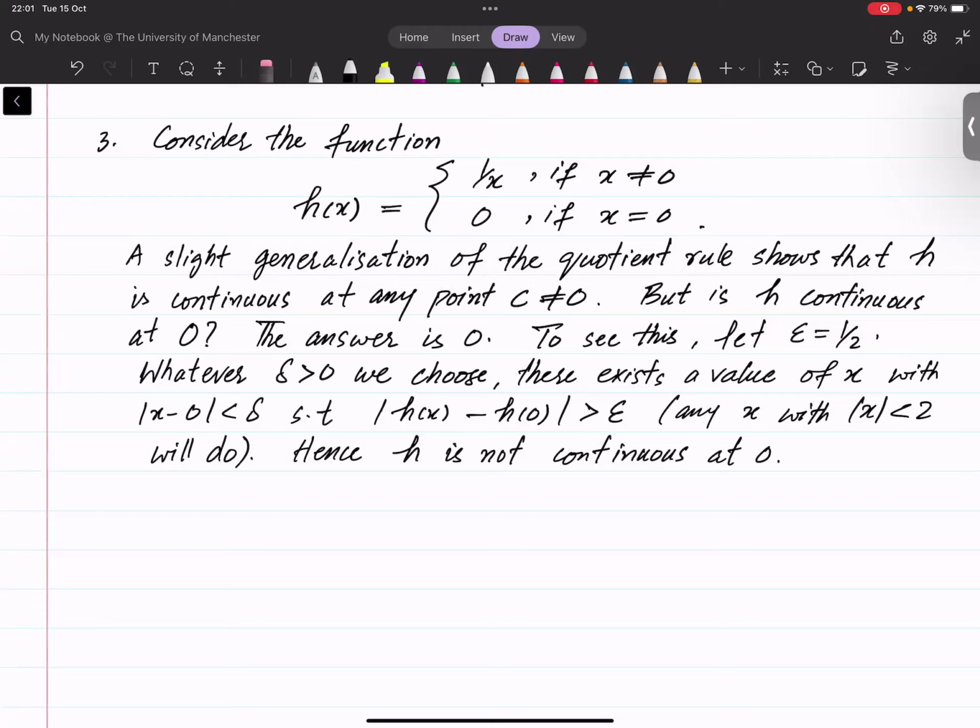And now we will give the intermediate value theorem.